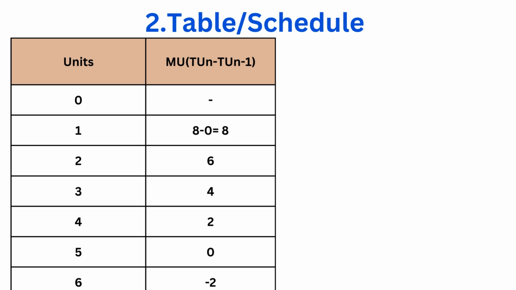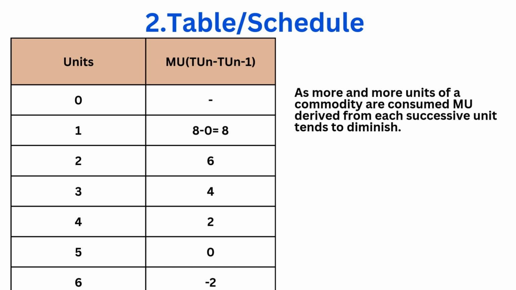In the first column, you write units from 0 to 6, and in the second column, you write MU from 8 down to minus 2. If you want, you can also draw a TU column.